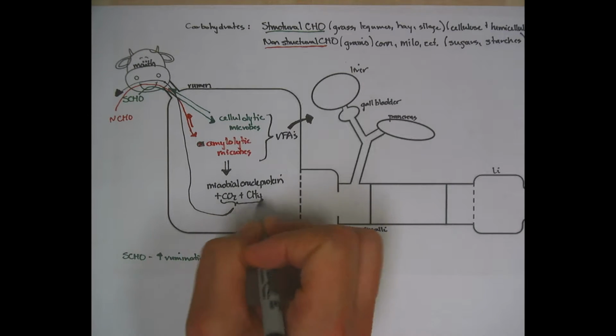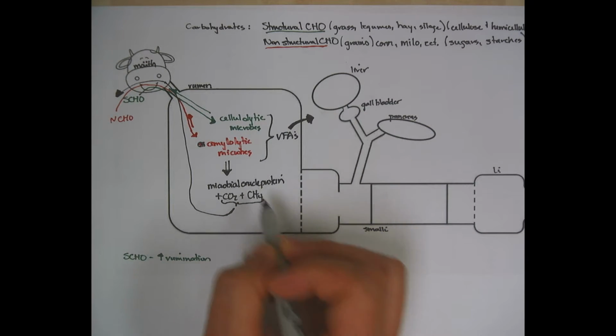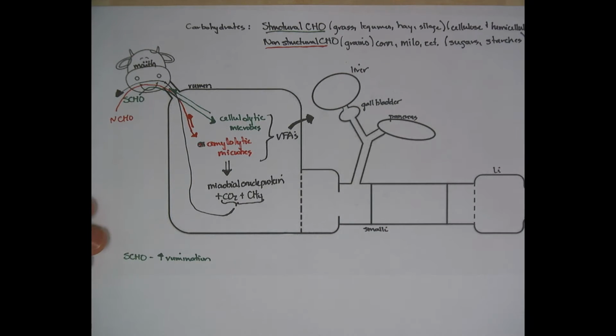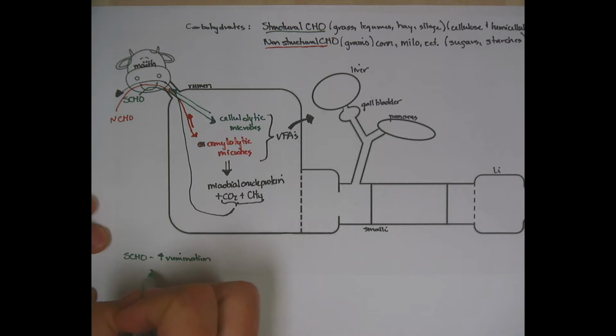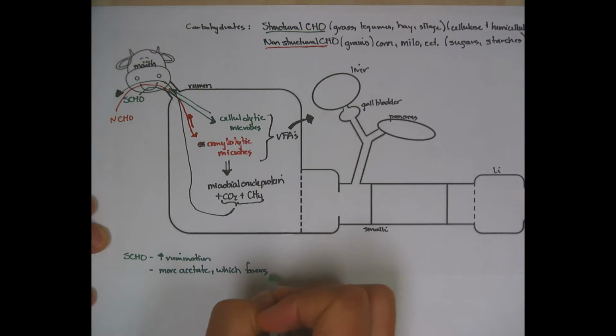And as we said before, methane and CO2 both, but methane in particular is a greenhouse gas that there's a lot of concern about. And with structural carbohydrate fermentation, we tend to get more acetate, which favors methane production.